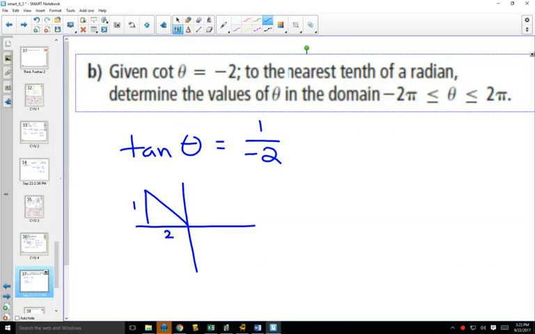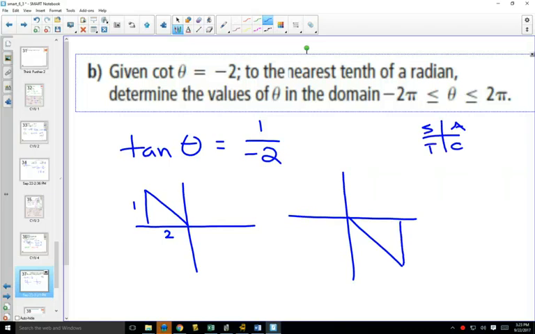You could also draw it in the fourth one. Because according to the CAST rule, tan is positive in 1 and 3, so it's going to be negative in 2 and 4. Label your reference angles.